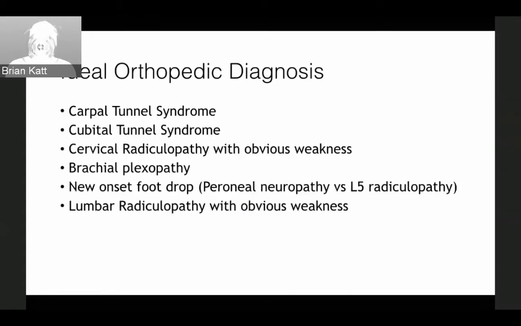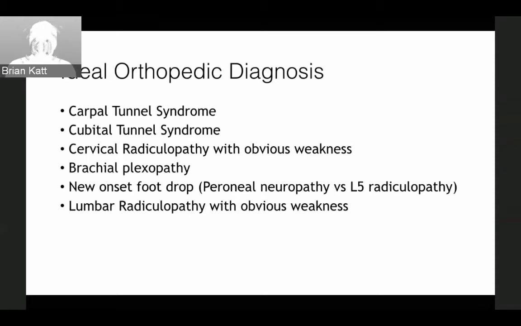Now, there are certain diagnoses for which this is useful. There are some that are not. I'm limiting this to orthopedic diagnoses. Yes, there are other types of neurologic diagnoses that EMGs could evaluate for, ALS, among other things, but we're talking about orthopedic diagnoses.